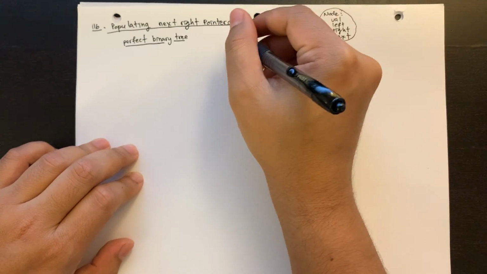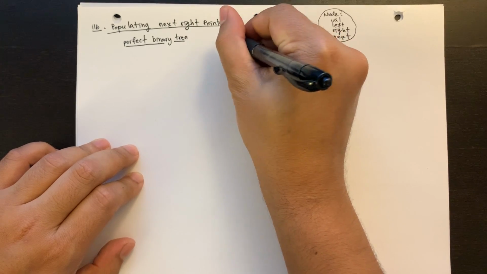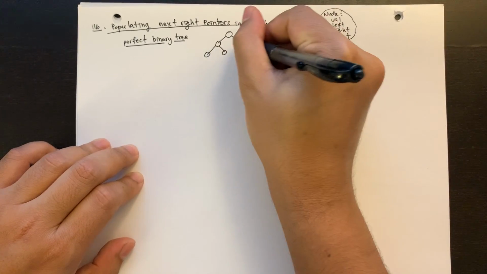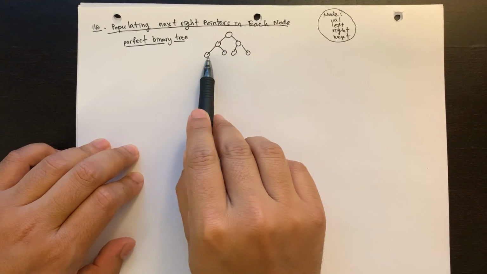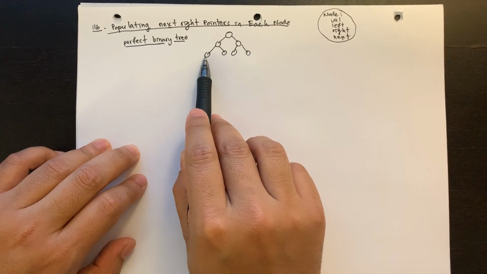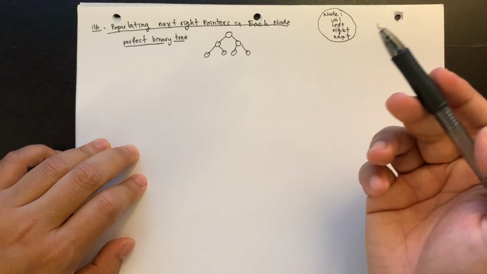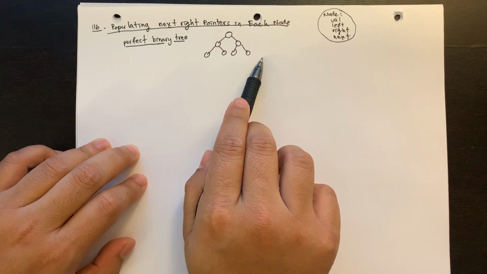I believe, according to what I have learned, a perfect binary tree refers to a tree where basically each node either has 2 children or has 0 children.